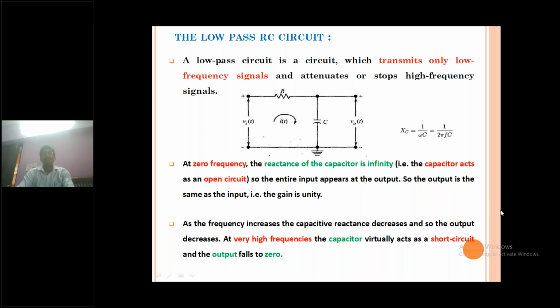Next, as the frequency increases, capacitor reactance will decrease. So the output voltage also will decrease. At very high frequencies, the capacitor virtually acts as a short circuit.